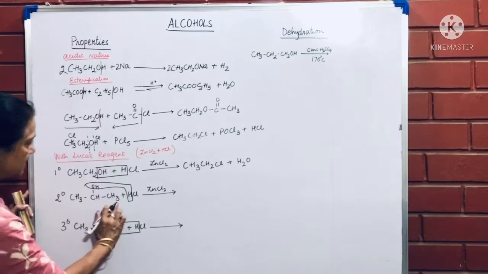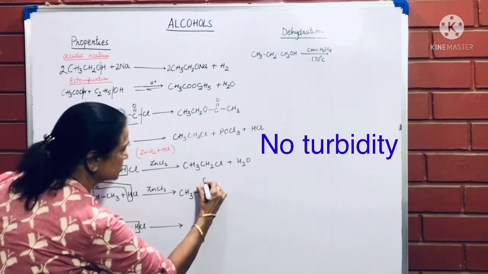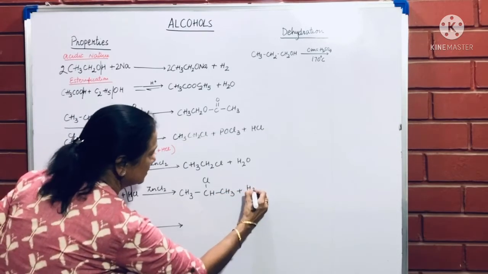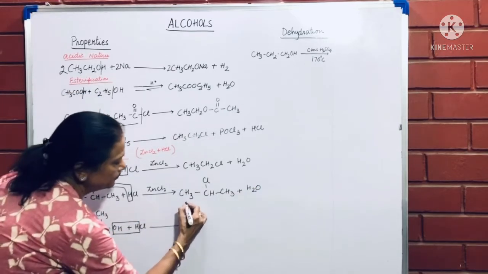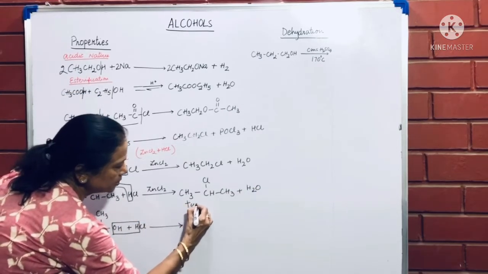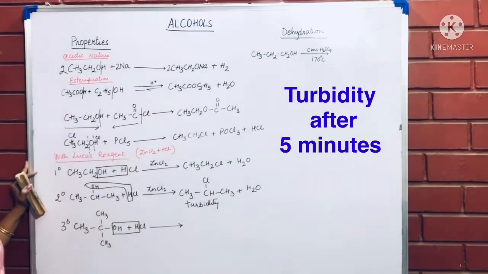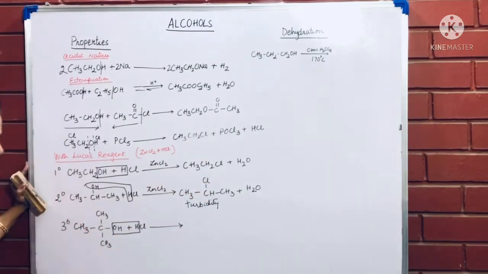But in this case, when the product is formed, which is CH3CHClCH3 plus H2O, the precipitate comes, which is called turbidity. Turbidity comes after 5 minutes. No turbidity here. Turbidity comes after 5 minutes.